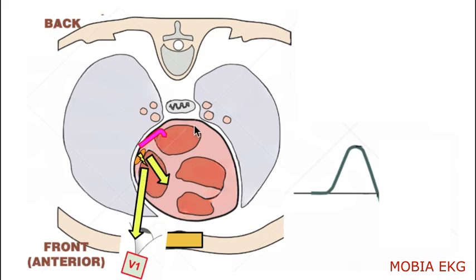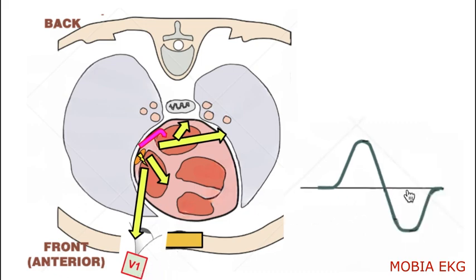By activation of the left atrium, the depolarization wave is directed to the lateral or left side and also posteriorly. Since the depolarization wave is going in the opposite direction, away from V1, this movement causes a negative deflection from the isoelectric line.